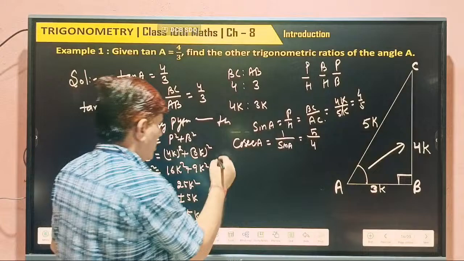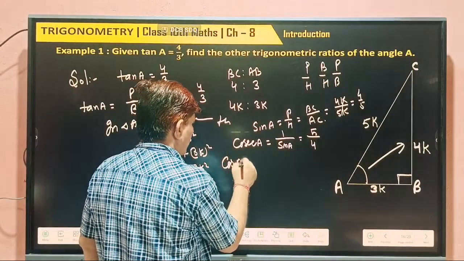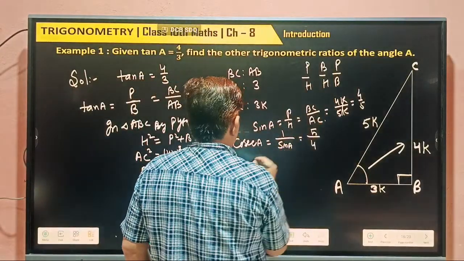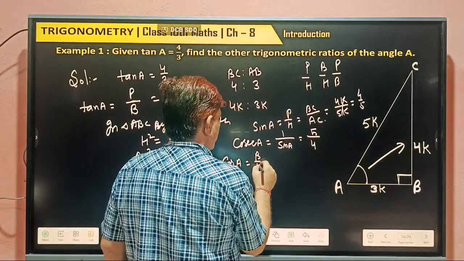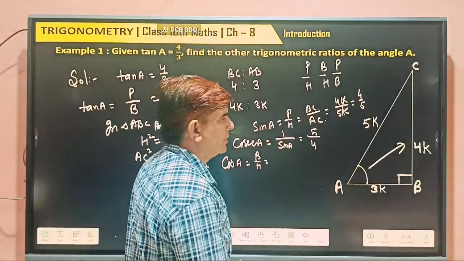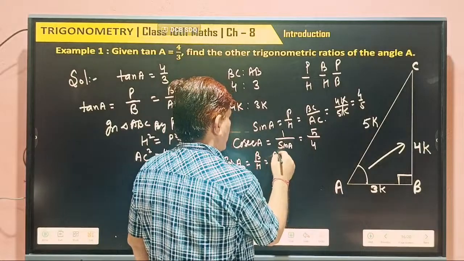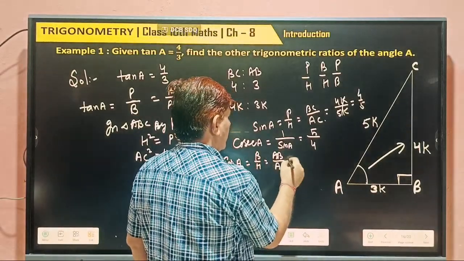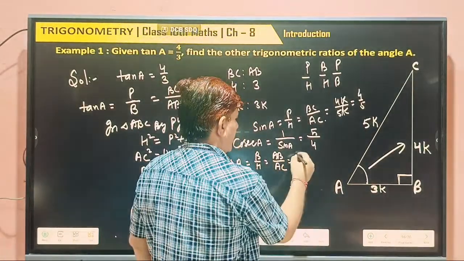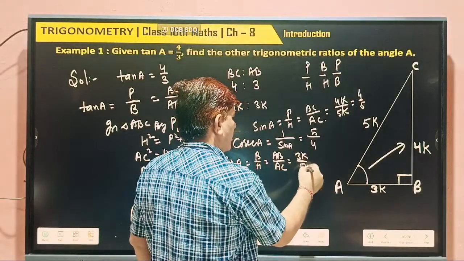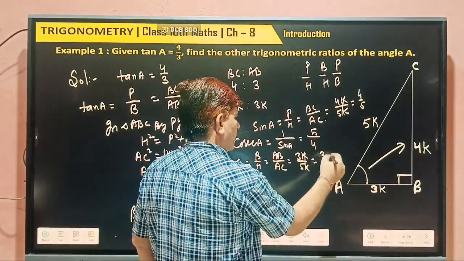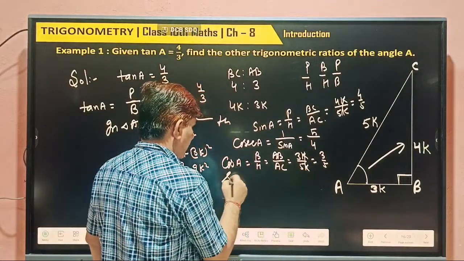Yes or no? Now cos of A. Cos of A is B by H, meaning AB by AC. What's your AB? 3K by 5K. Cancel out, 3 by 5. What is secant A?